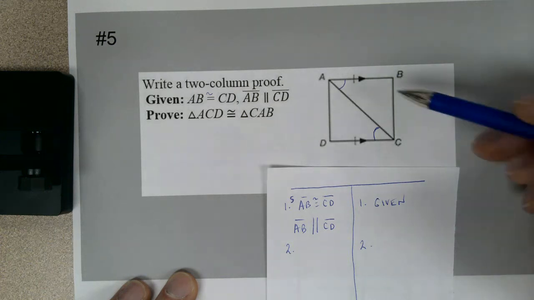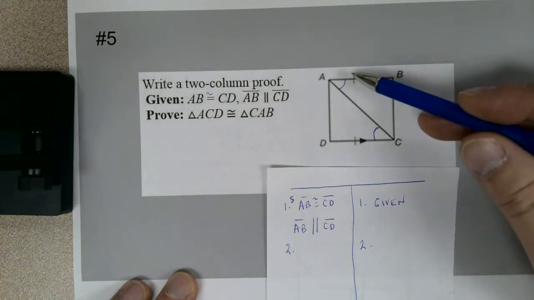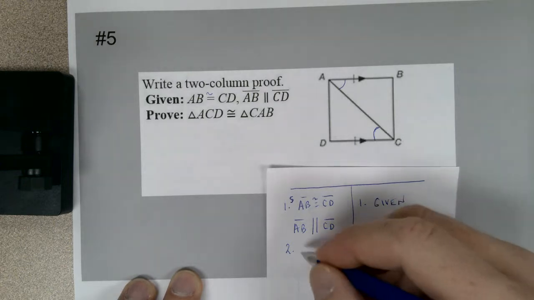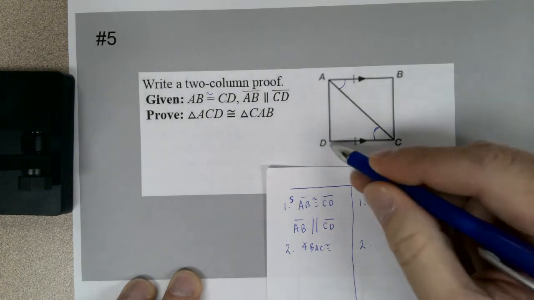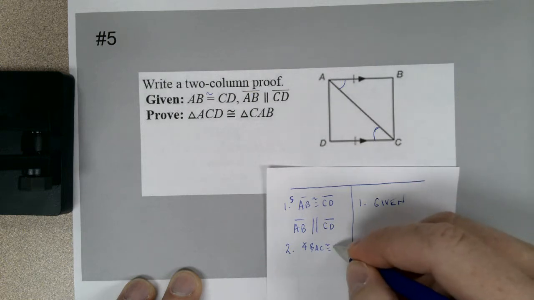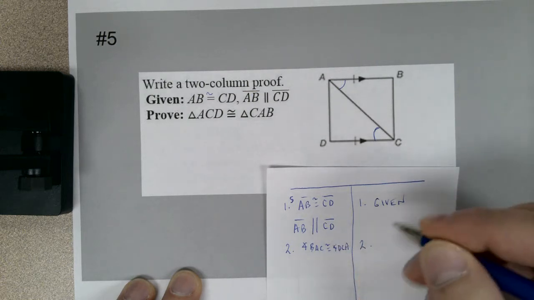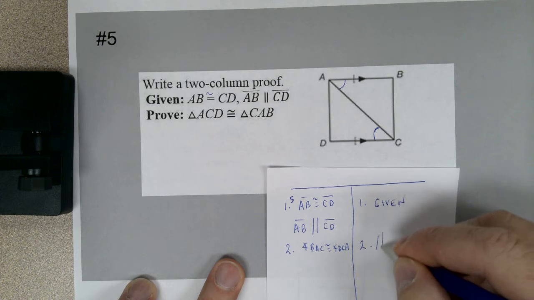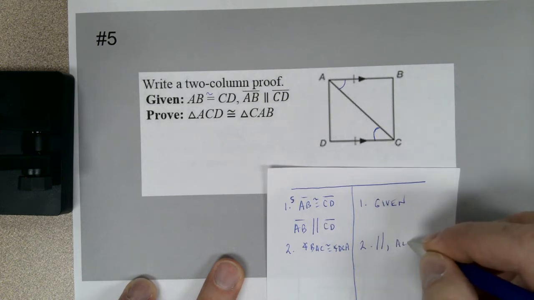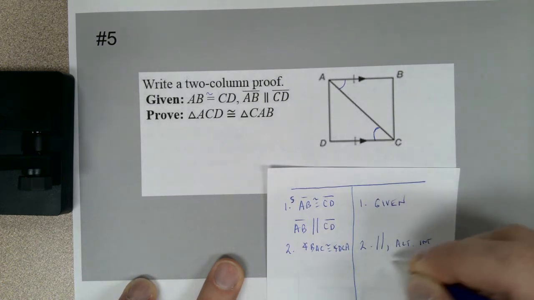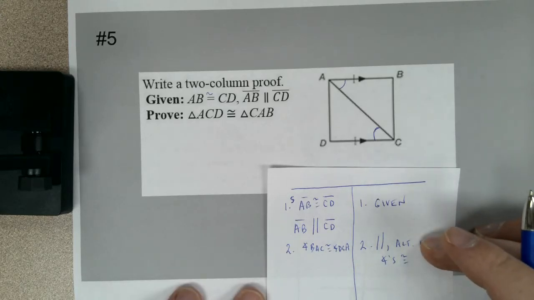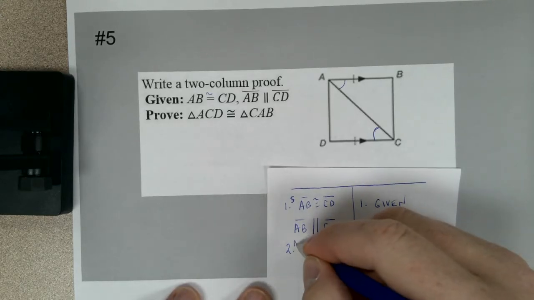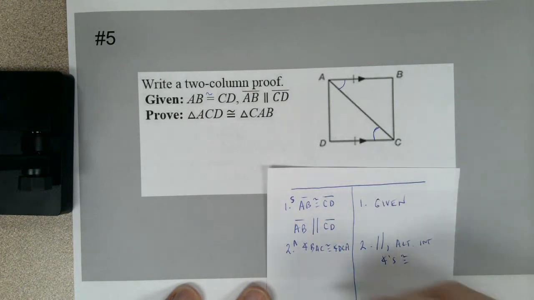So what we're going to say in step 2 is that angle BAC is congruent to angle DCA, and that is if lines are parallel, alternate interior angles are congruent. So that gives me an A, or a pair of angles.